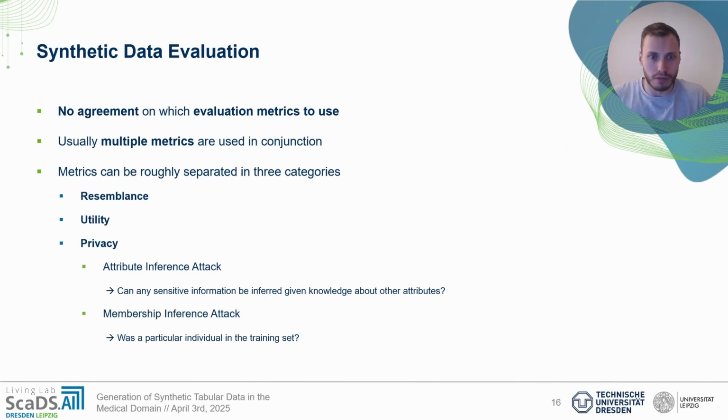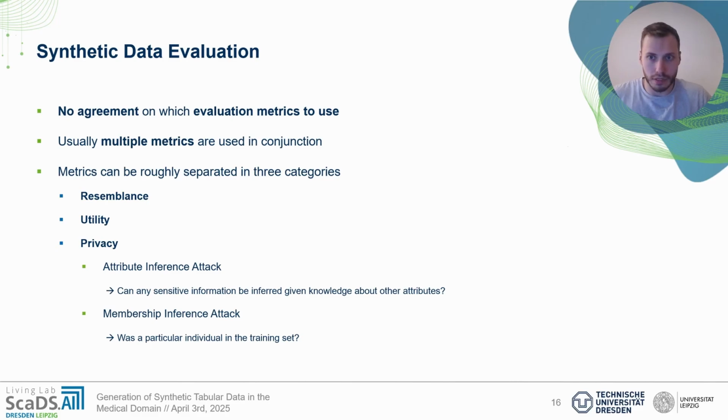Another attack would be the membership inference attack. Here the idea is, was this particular individual in the training set? This can be problematic in cases where just participation in the data set is already sensitive. For example, maybe that study that we are trying to synthesize is all about people with AIDS.